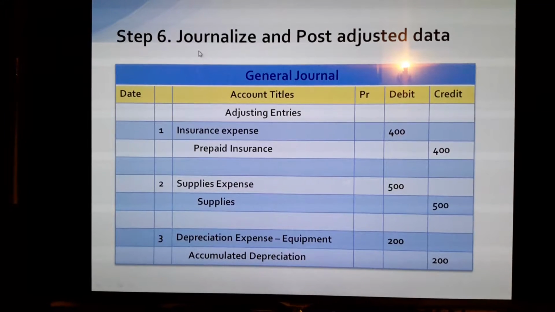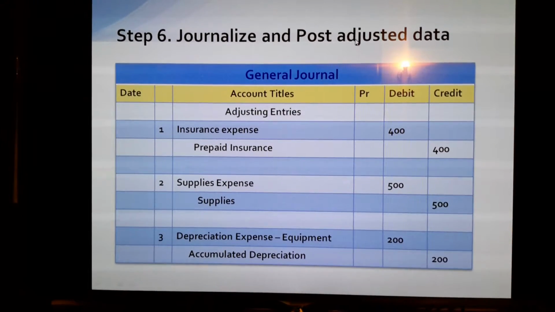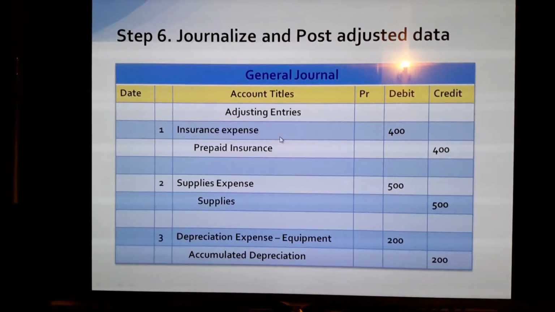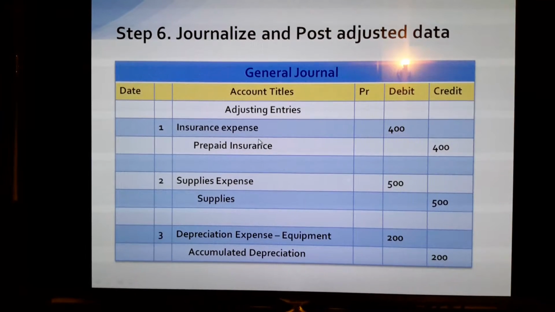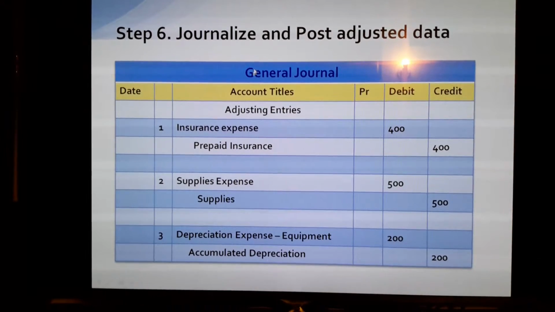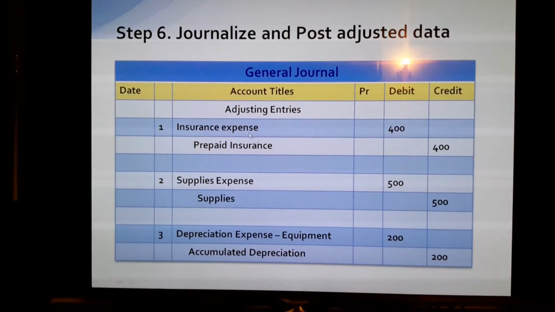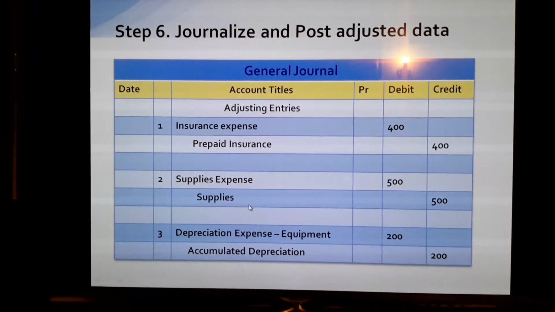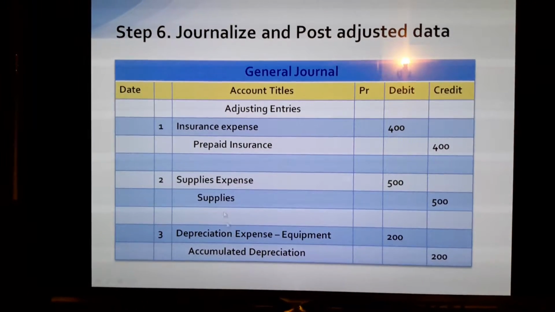Okay, so now we are journalizing and posting adjusted data. This data that we had in step 4 is this. At the end of the year, after you did your inventory of your expenses, or your prepayments, or your accrued expenses or accrued revenues, these are your adjusting journal entries.